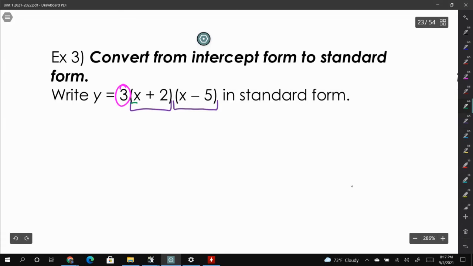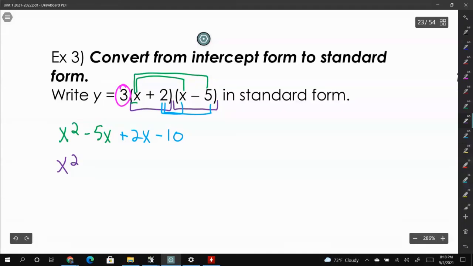So I'm going to multiply the first, x times x, that gives you x squared. x times -5 gives you -5x. 2 times x is 2x, and 2 times -5 is -10. Then I'll combine like terms: x squared minus 3x minus 10.